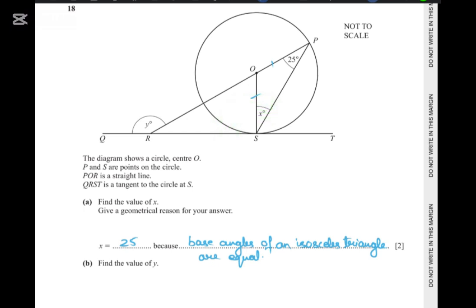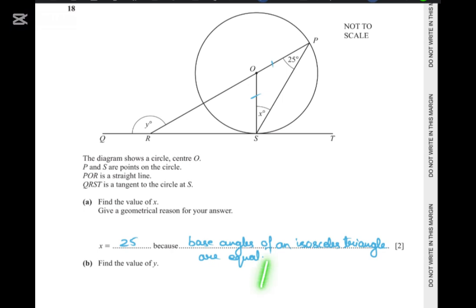We already know x, that is 25, but this angle is always 90 degrees, because you know that an angle made by the radius of the circle with the tangent is always 90 degrees. So 90 plus 25, and this sum will be equal to y, because the exterior angle of a triangle is the sum of the opposite interior angles.